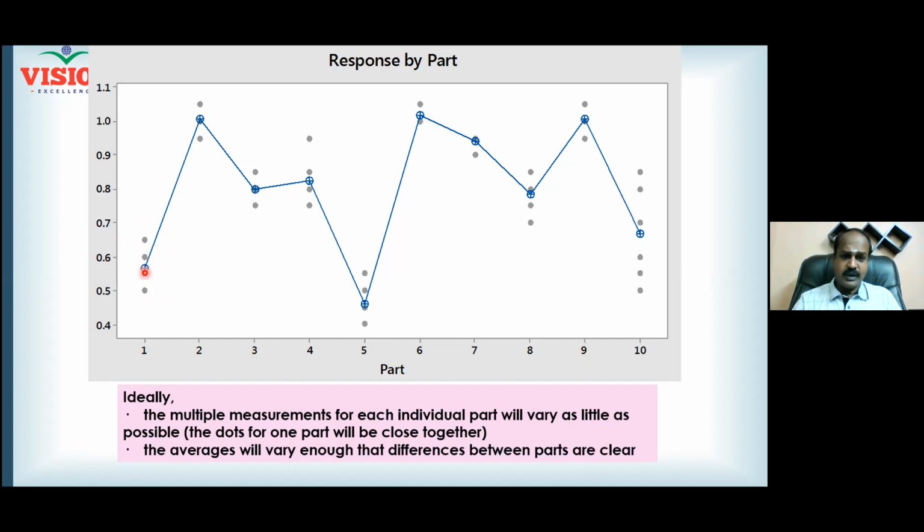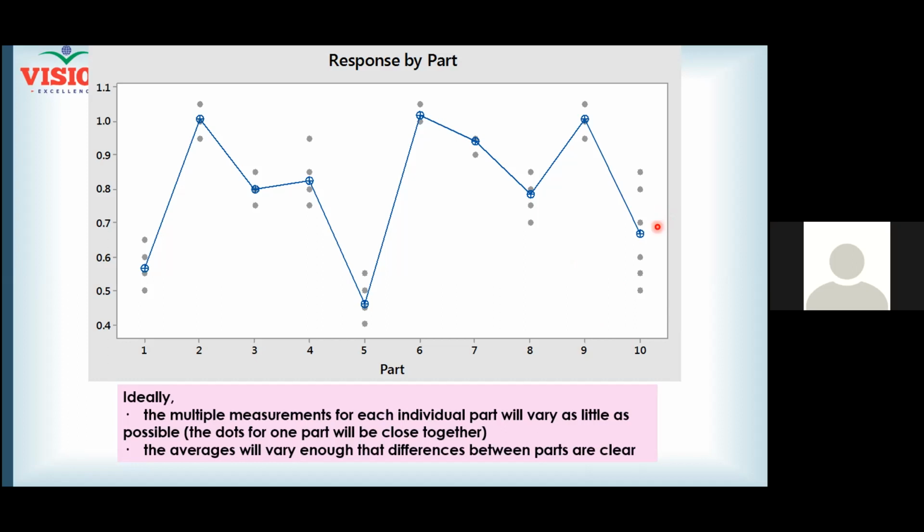Now, out of the 10 parts, where is the spread more, part number 1 or part number 3 or which one? Where do you see the more spread here? Part number 10. So what do you understand? Part number 10, your team is measuring in a different way. I don't know what is going wrong. Your team is finding difficulty, particularly while measuring part number 10.